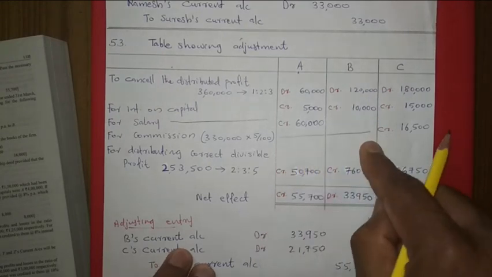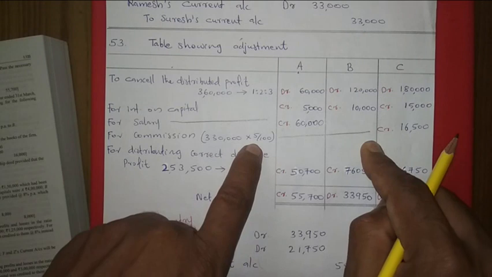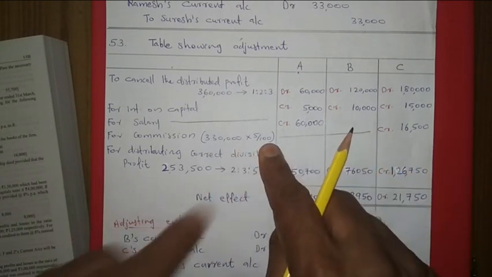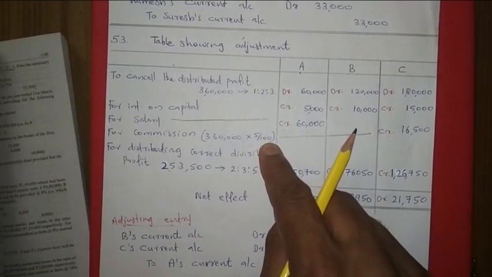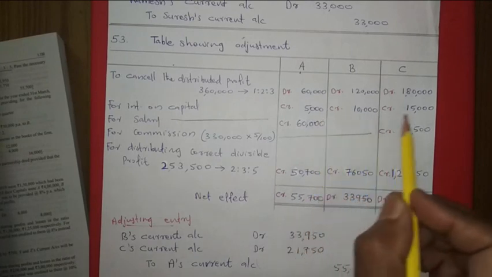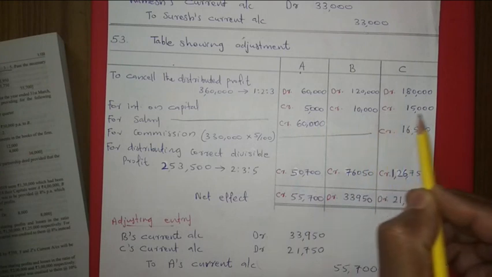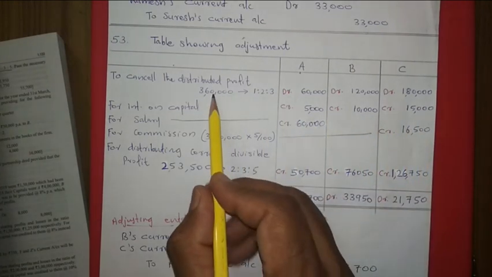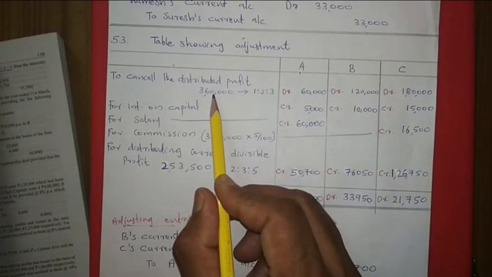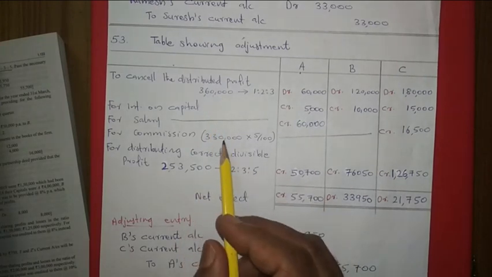C's commission: the question is saying 5% of profit after reducing interest on capital. Interest on capital total is 15 plus 5, 20, 20 plus 10, 30, so 30,000. We are subtracting 30,000 from 3,60,000, then 3,30,000 is coming.